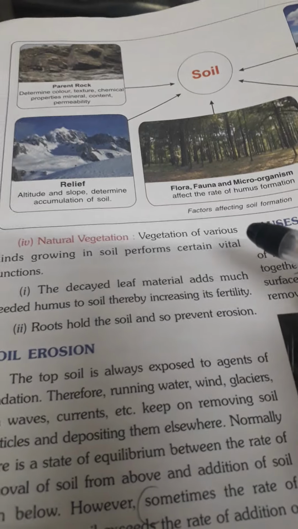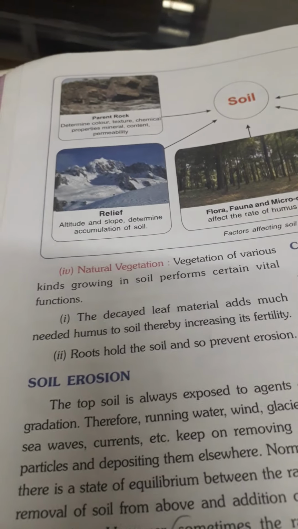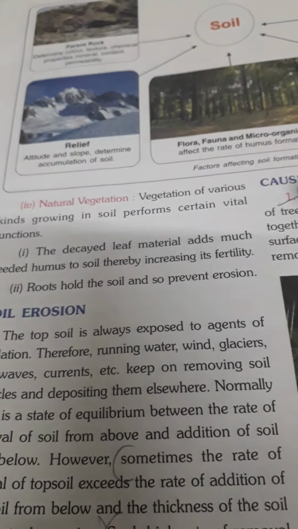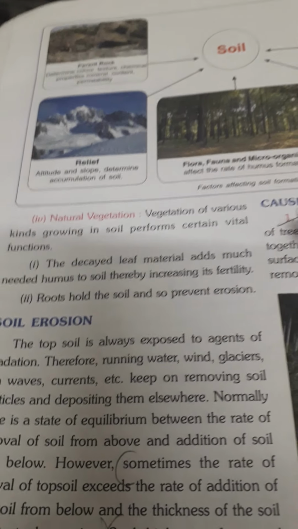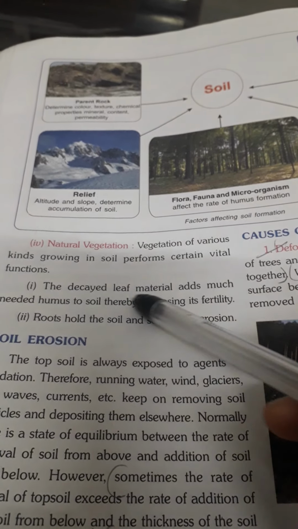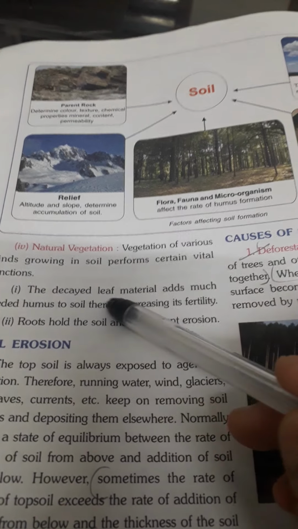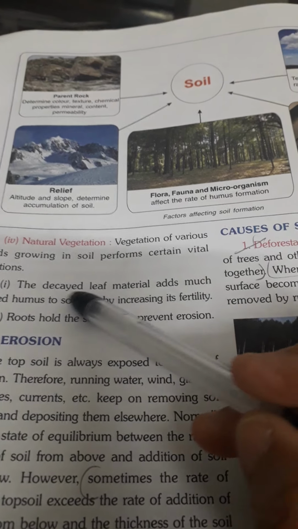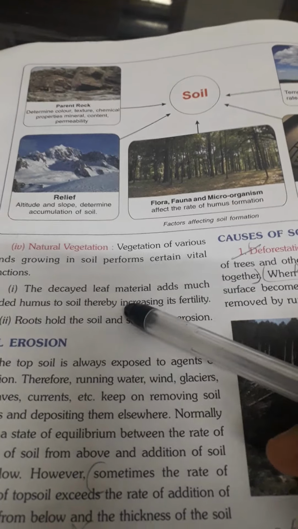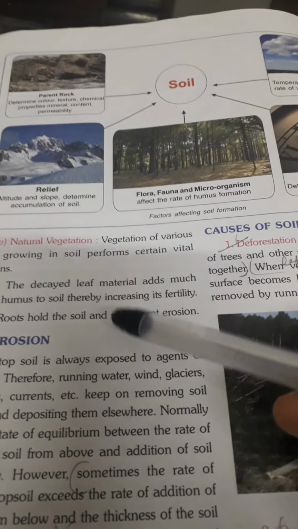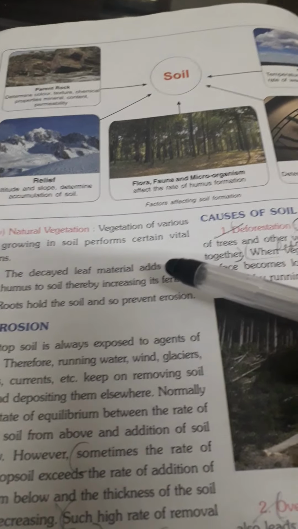The next factor is natural vegetation. Different types of vegetation play a vital role in the formation of soil. How? First, the decayed leaf. Decayed leaf means the leaf which has fallen on the earth, and when it is added to the soil, that is known as humus.